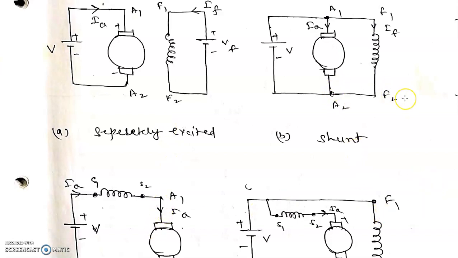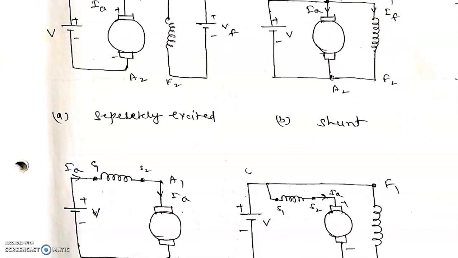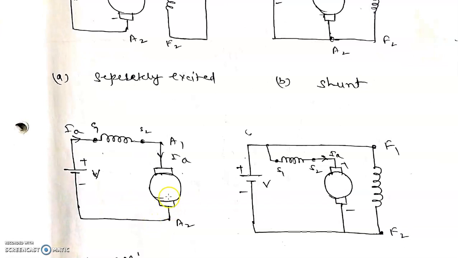So we have to remember all these four diagrams. In the shunt motor, the field winding is connected parallel to the armature winding, while in the series motor, the armature winding and the field winding are connected in series, while in the separately excited motor, the armature winding and field winding are connected separately.